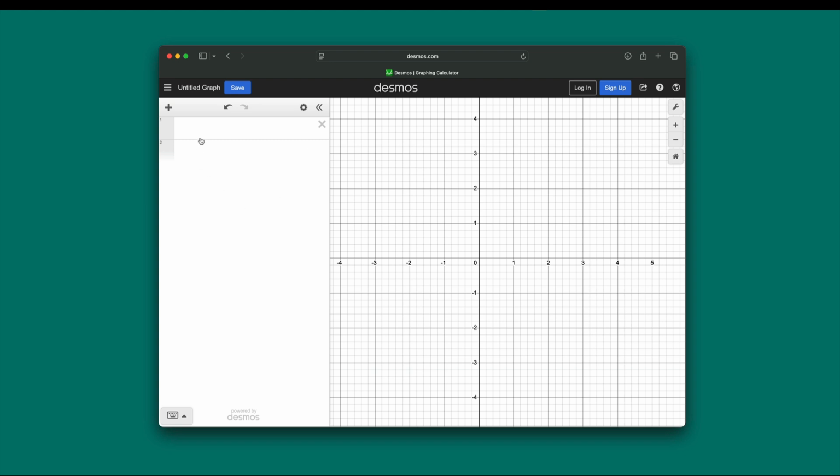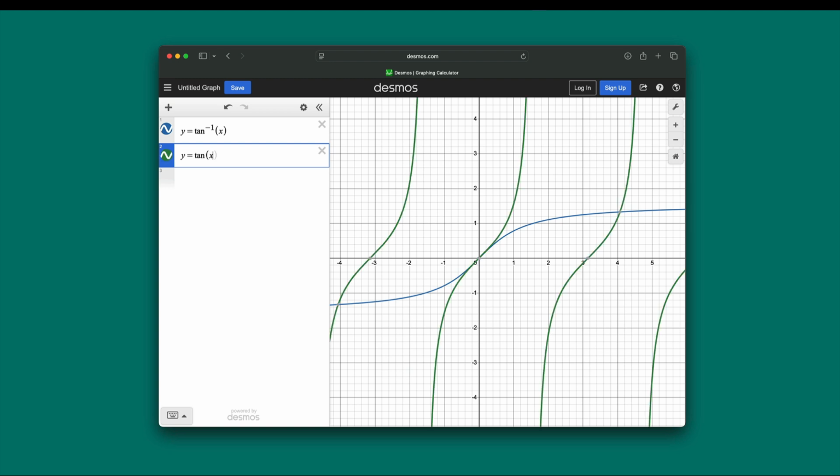Let's go ahead and look at the tangent inverse function. So using decimals again, I'm going to go ahead and type in y equals tangent inverse of x, and you can see it looks like this. I just want to point out that if we had y equal to tangent of x, we see that tangent has all these asymptotes, in particular between negative pi over 2 and pi over 2.